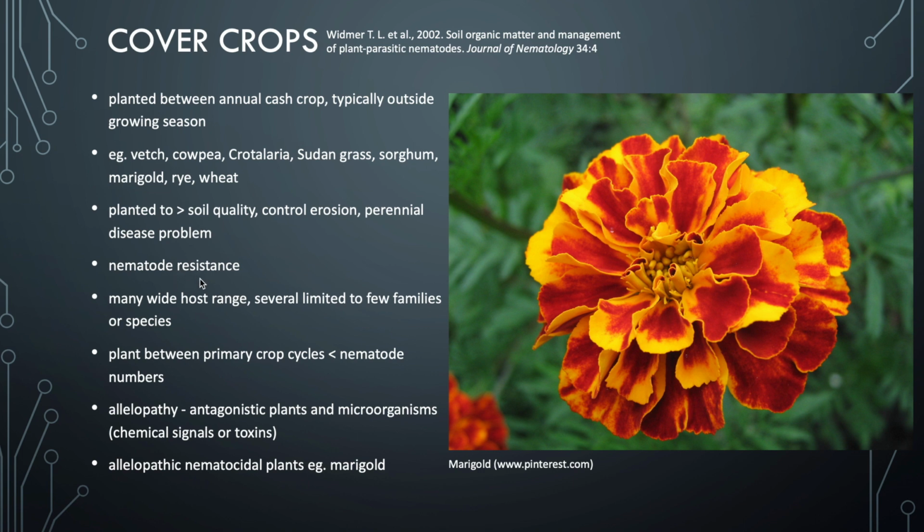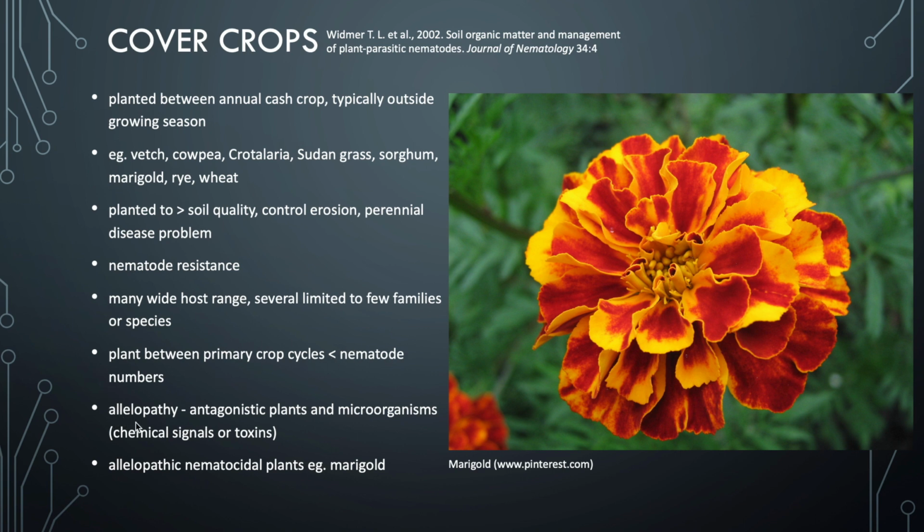Many nematodes, however, have a very wide host range, and there are only several that are limited to a few plant families or species. So therefore, it is essential to know what kind of nematode you have and what kind of plants it likes to feed on. Cover crops are planted between primary crop cycles to reduce the nematode numbers.